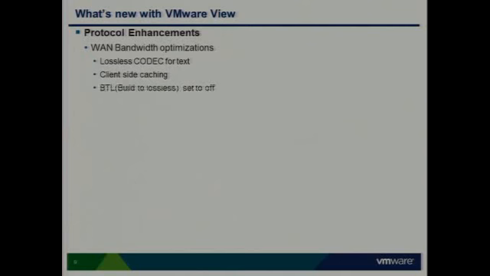Finally, I want to spend a couple of minutes on this concept called build to lossless. PCoIP, when it renders an image onto the client, goes through 3 specific steps. First it will render an initial image onto the client side.